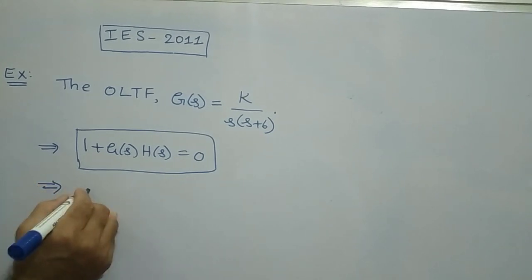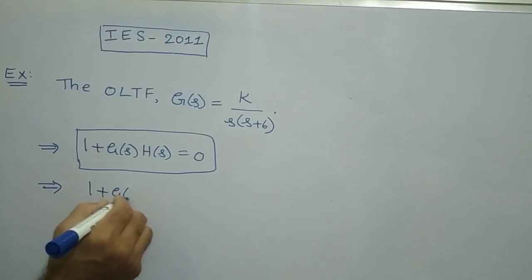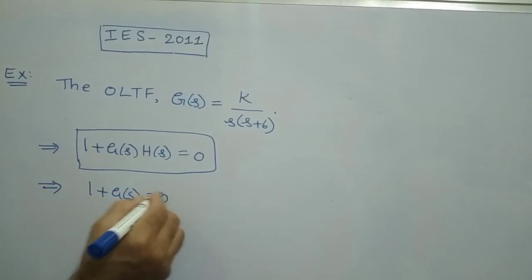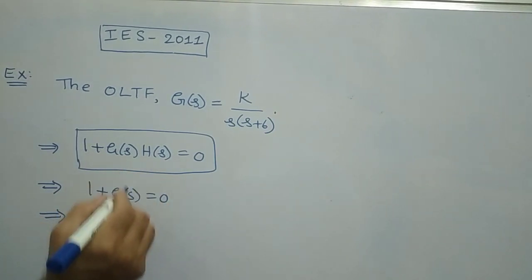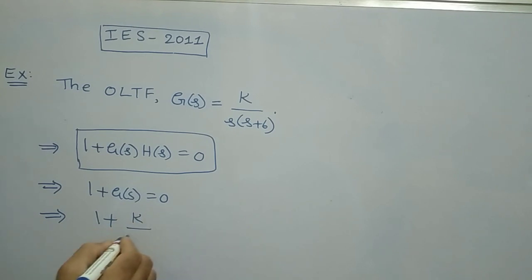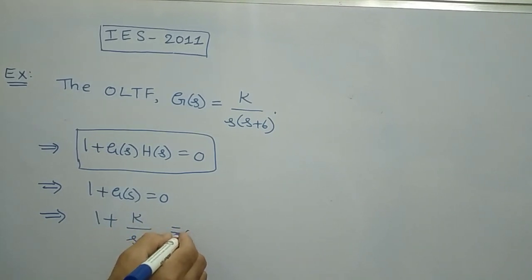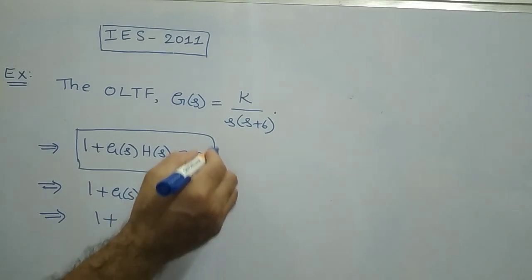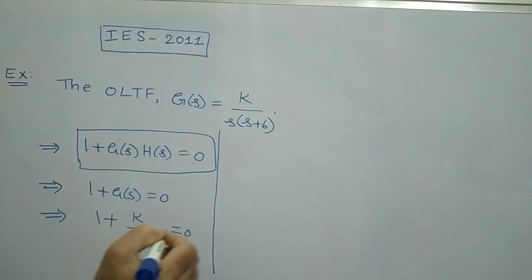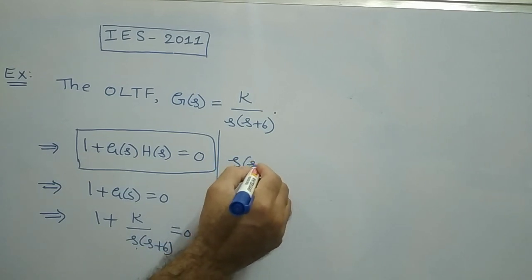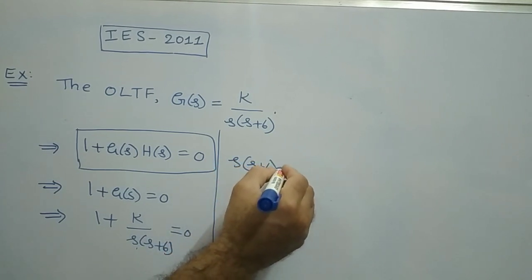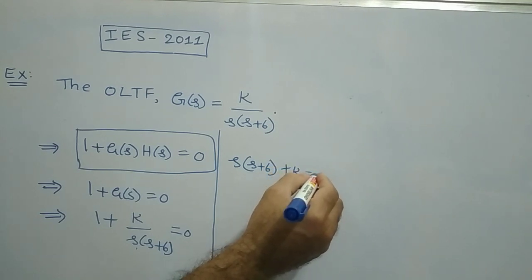Therefore, you can find 1 plus G of s equal to 0. From this, what will you get? 1 plus k by s into s plus 6 equals 0. Then the second step: s into s plus 6 plus k equals 0.